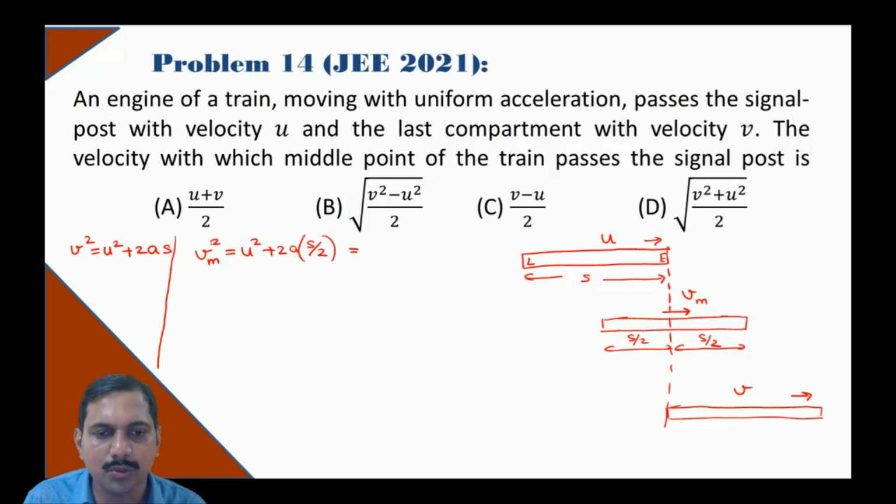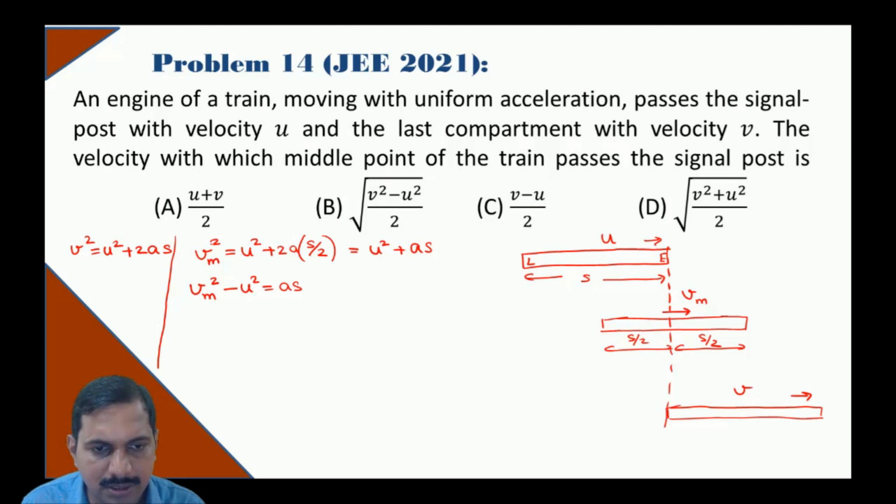So this would be Vm square is equal to u square plus 2a into s by 2. 2 will be cancelling there. So what remains is as. So I can write this as Vm square minus u square is equal to as. This would be equation 1.